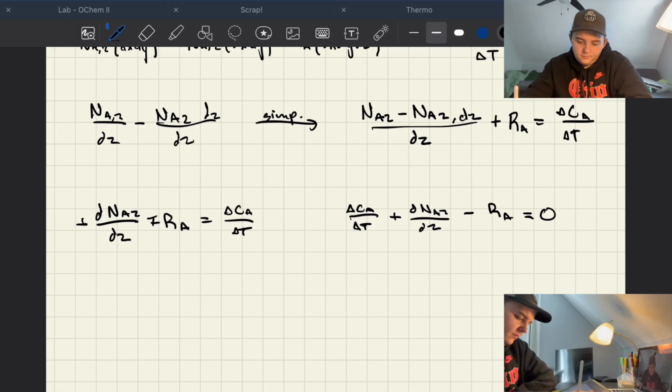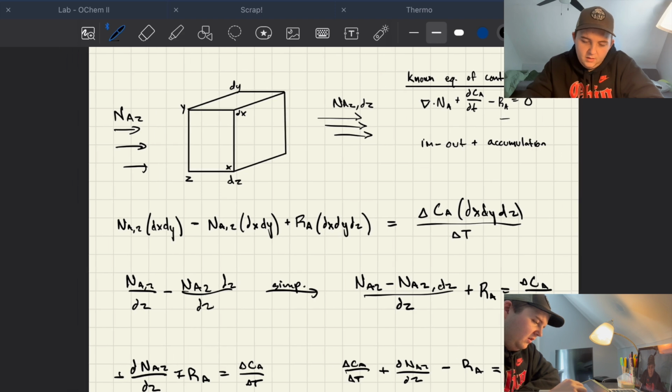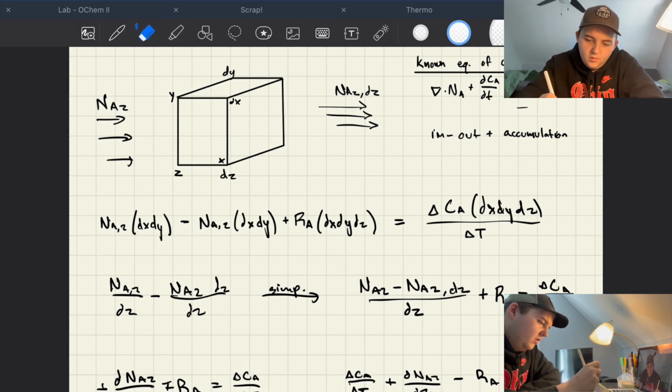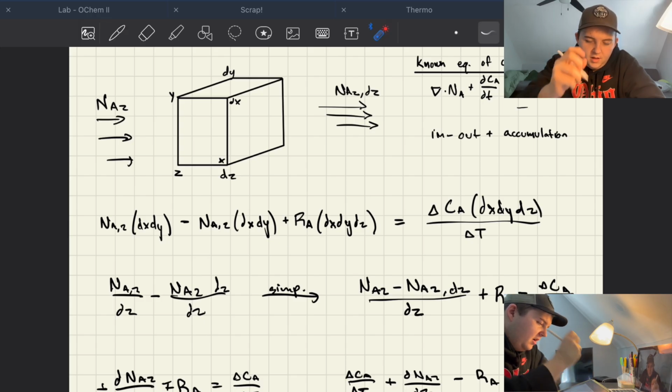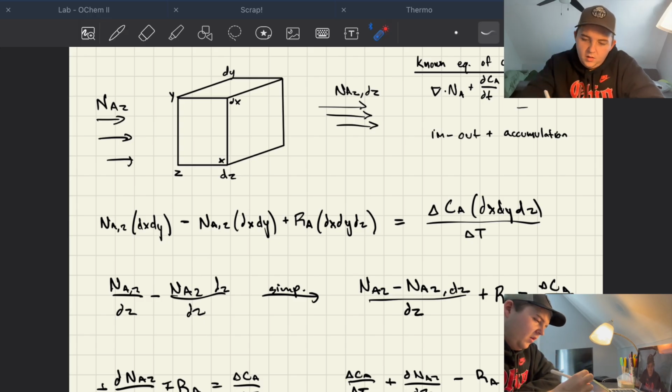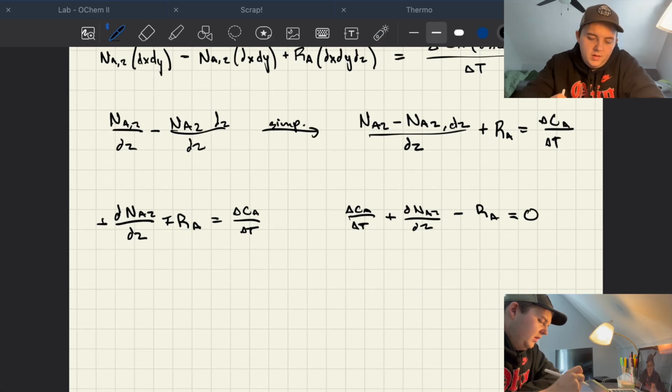Yeah. And so that is our known equation of continuity that we have up here. We have our negative RA, we have dCA over dt here, dCA over dt, and then this extra term right here is just the gradient.